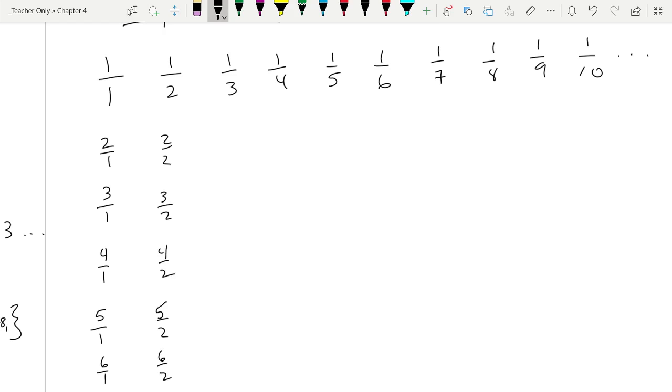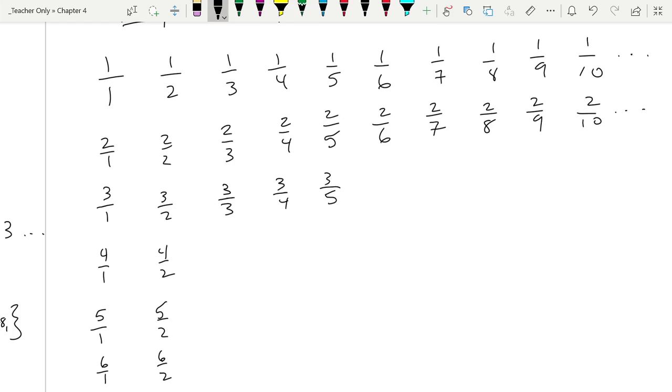And as I go across this row, I'm keeping the numerator the same. So that's 3, 4, 5, 6, 7, 8, 9, 10. And then I'm just going to fill this in exactly the way you see it. So this, I'm keeping the rows the same. So 3 over 3, 3 over 4, 3 over 5, 3 over 6, 3 over 7, 3 over 8, 3 over 9, 3 over 10.